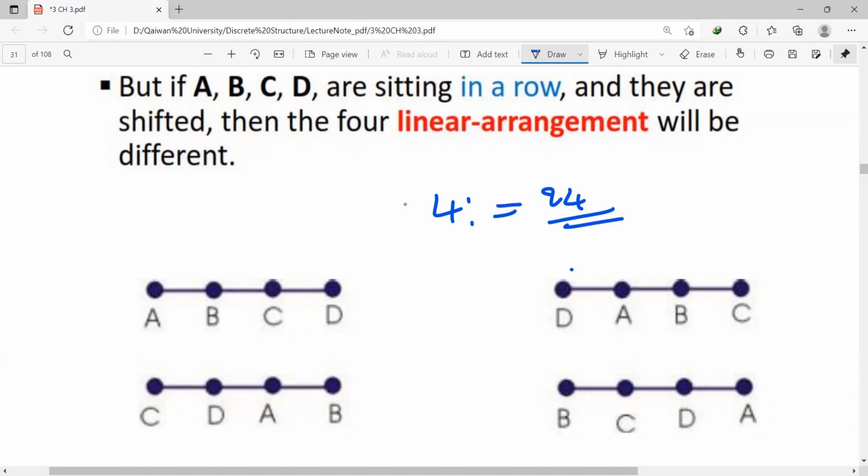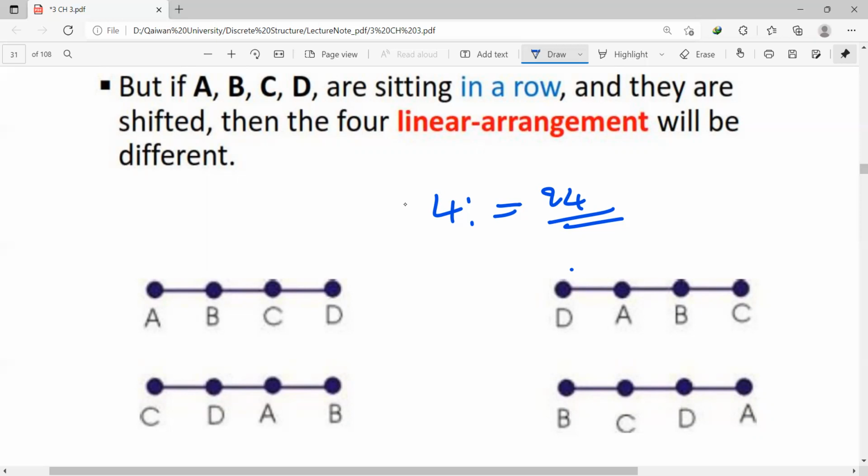So if we arrange 4 people on a line or a queue, we have 24 ways, but around a table, we have 6 ways.